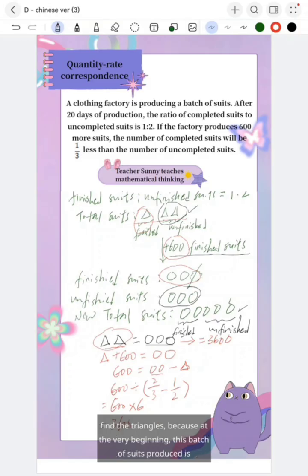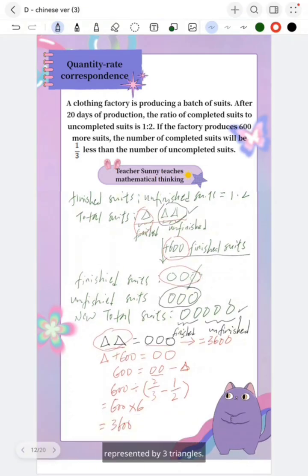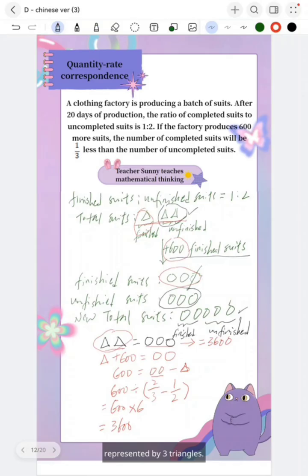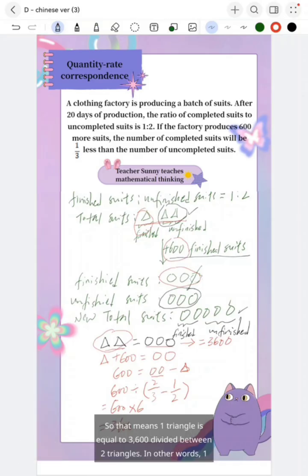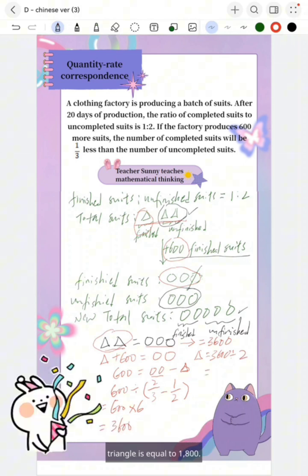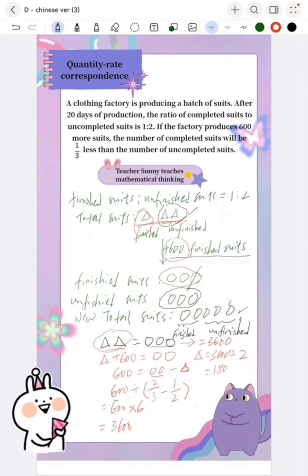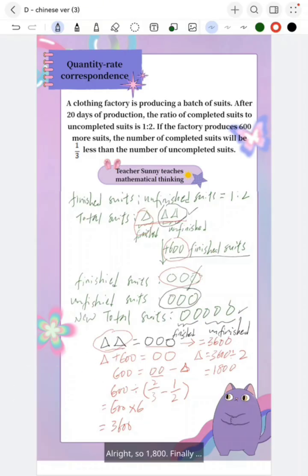However, we just need to find the value of the triangles, because at the very beginning of this problem, this entire batch of suits produced is represented by 3 triangles. So one triangle is equal to 3,600 divided by 2. In other words, one triangle is equal to 1,800. Alright, so just 1,800. Exactly then, finally.